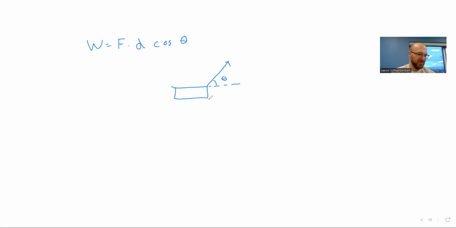There's a way to do this with vectors, though. Distance can be vector AB, and when we say AB, we're saying it goes from point A here, travels to point B there.